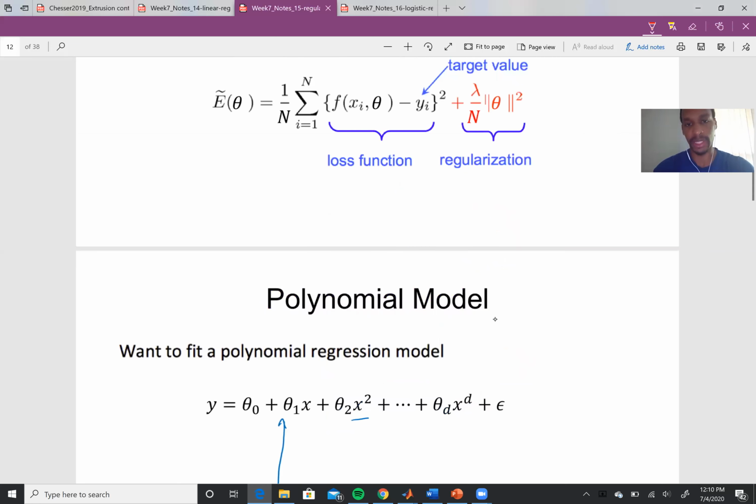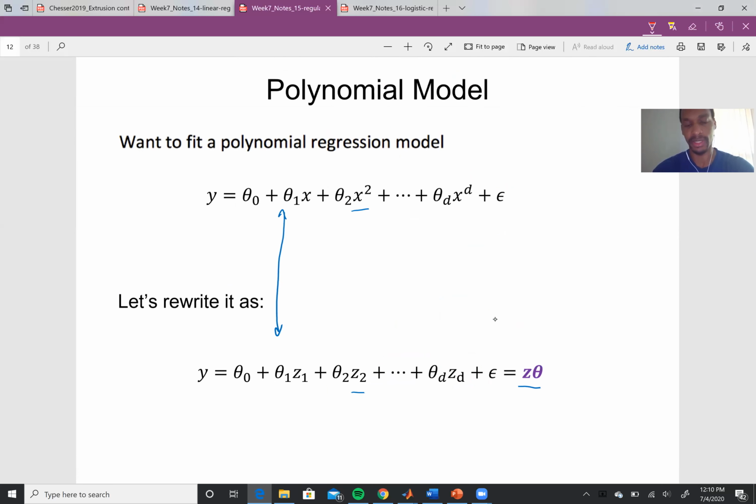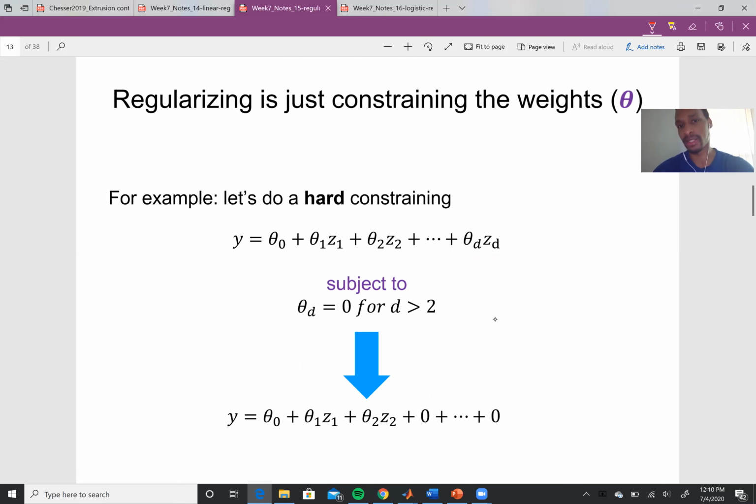Okay, so we have our polynomial model, and we can rewrite it as this, where we just take the x's and turn them into z's. And regularizing is just a way of constraining the weights. So first we'll start with a hard constraint problem, and we'll show that regularization is kind of like a softer constraint.